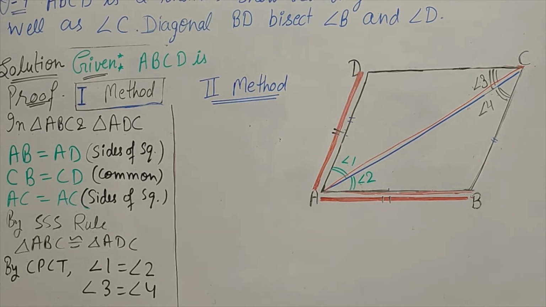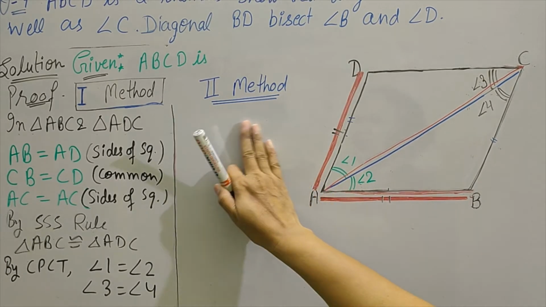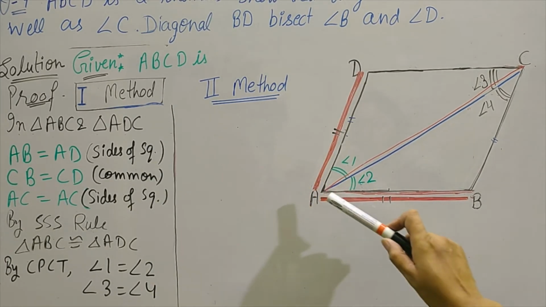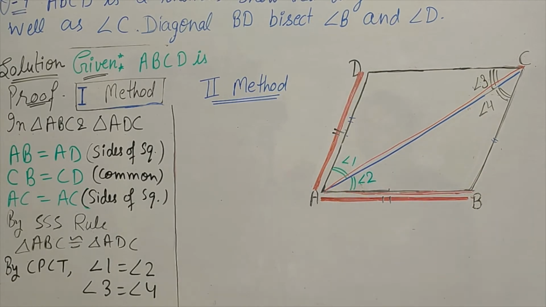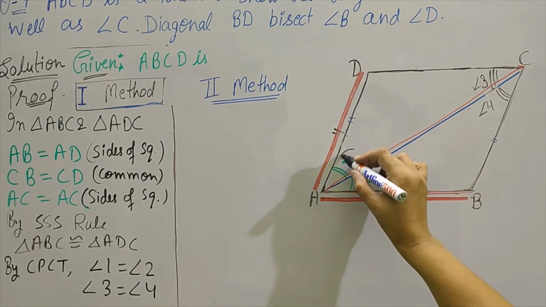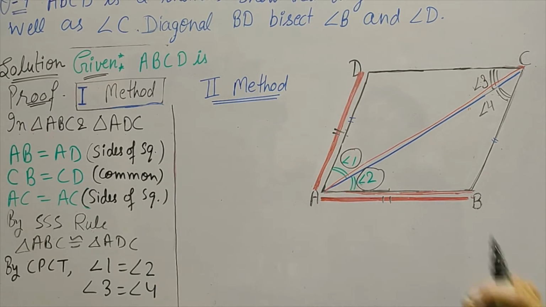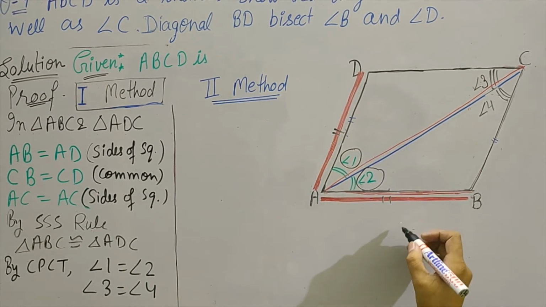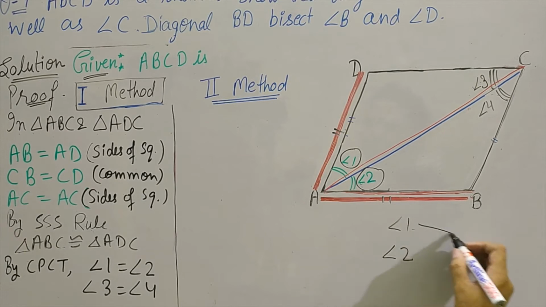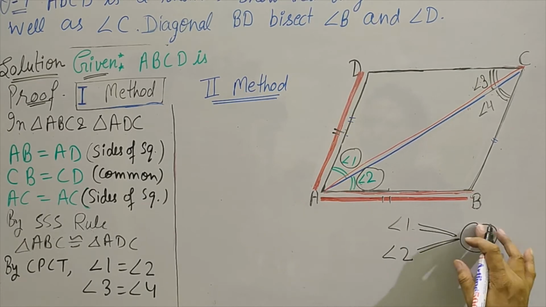So this time we are going to find a relation between angles only. So we have to prove diagonal AC bisect angle A. So our target is to prove angle 1 is equals to angle 2. Okay. Now try to prove these two angles, angle 1 and angle 2, equal to the same angle. Okay. Let's try.